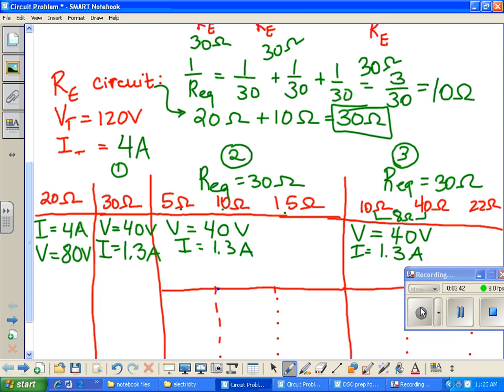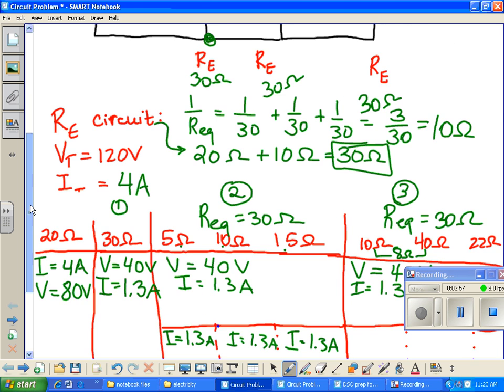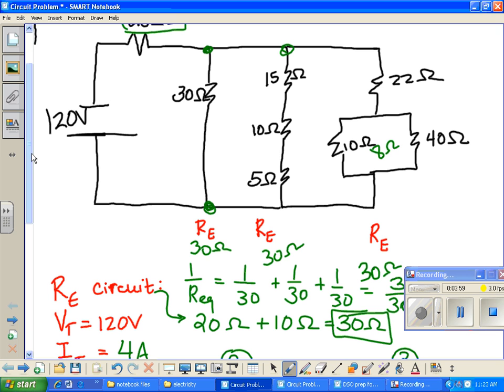Yes, they all have to do that. So I can fill in very easily 1.3 amps here, 1.3 amps here, and 1.3 amps here. They're all the same because this entire branch is one straight line. So if they choose this path to go down, all the cars have to go through all 3 resistors.